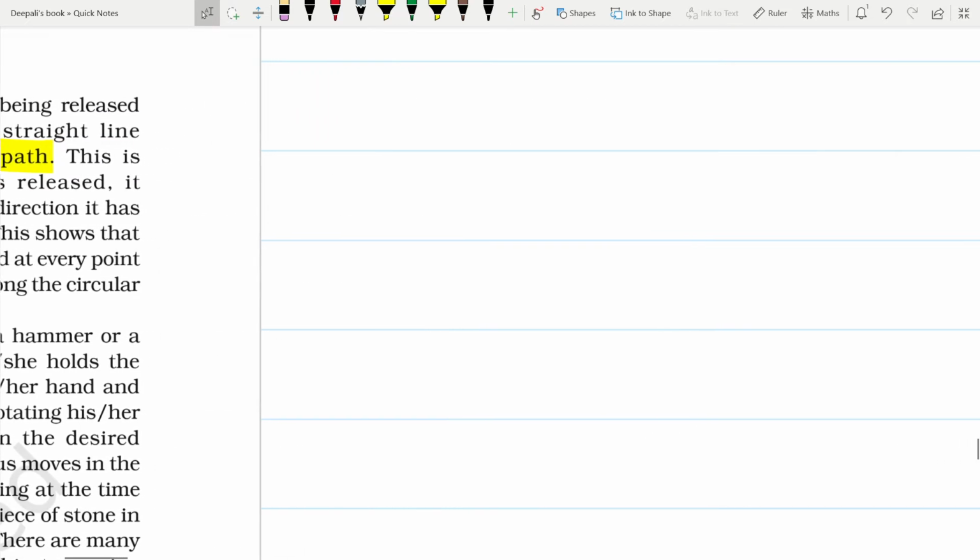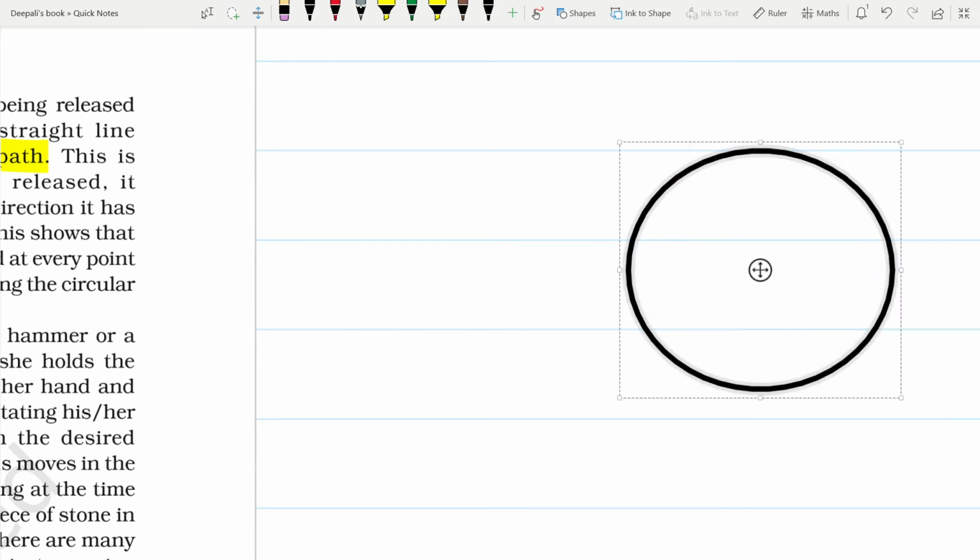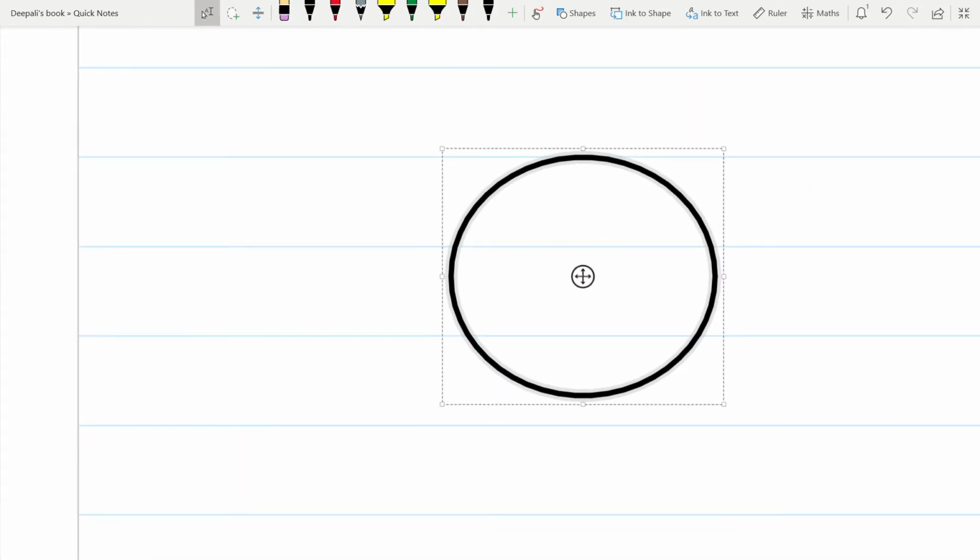Say, for example, if we draw this into a figure and observe, then we will get this to be the circle if the object is moving in this direction.